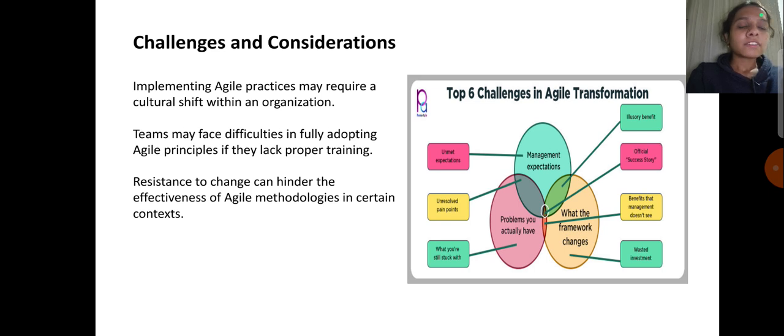And what the framework changes was wasted investment. And these are all the six challenges: illusory benefits and official success stories, benefits that management doesn't see, wasted investment, what you are still stuck with in agile practices, unsolved pain points, and unmet expectations. These are the top six challenges of agile practices.